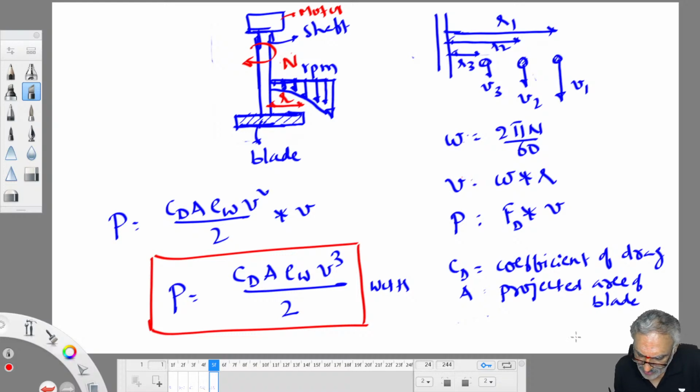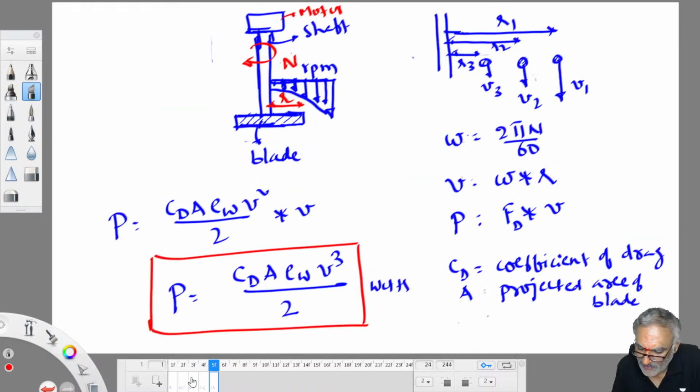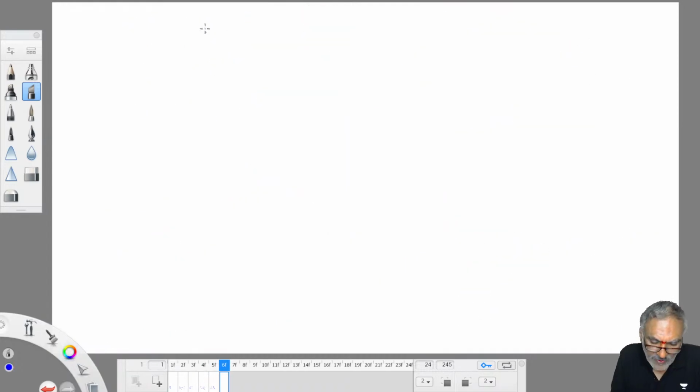But you don't need to go to this much depth. Generally, whenever G is given, P is unknown, or P is given and G is unknown. Volume you can work out using detention time. That is how questions can be framed in the exam. Two things you have to remember related to the rapid mixing unit. One is how to work out volume: volume is equal to Q into detention time. Once volume is known, we can fix the surface dimensions of the tank.